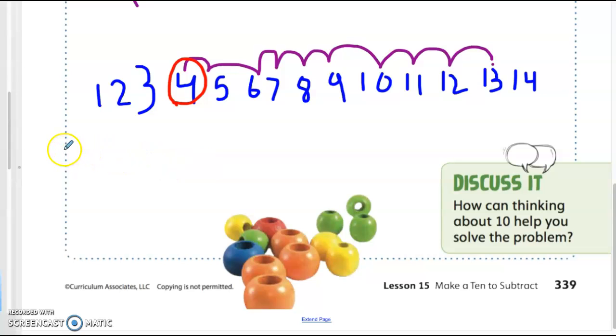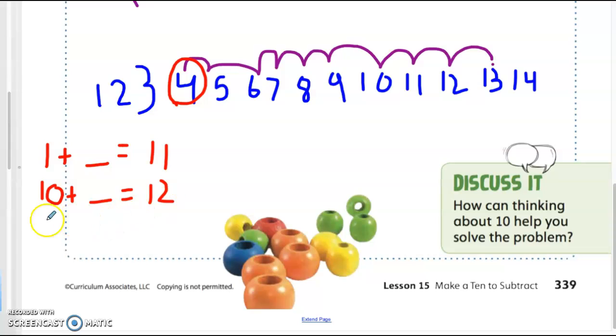This is what I want you to think about now. I want you to think about finding the missing add-in to make the teen numbers. So if I have 10 plus something equals 11, or I have 10 plus something equals 12.